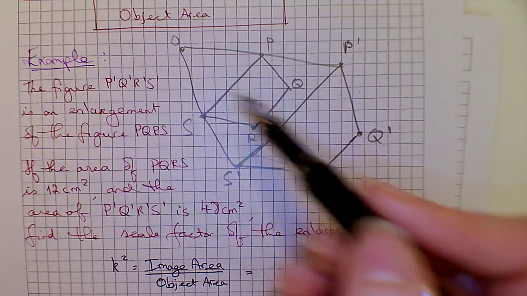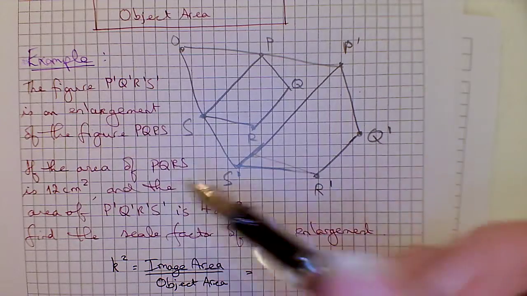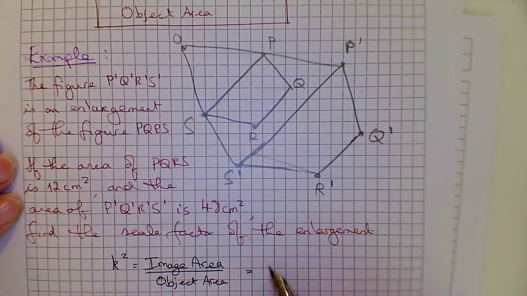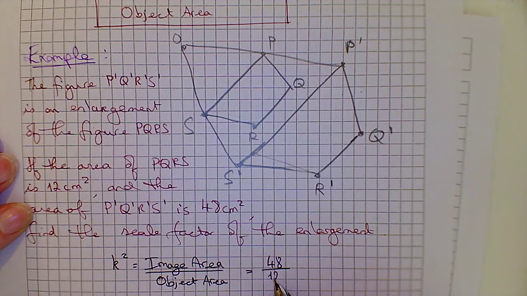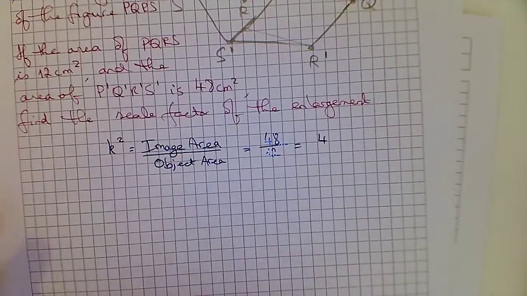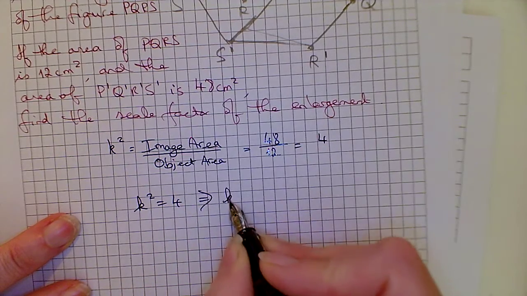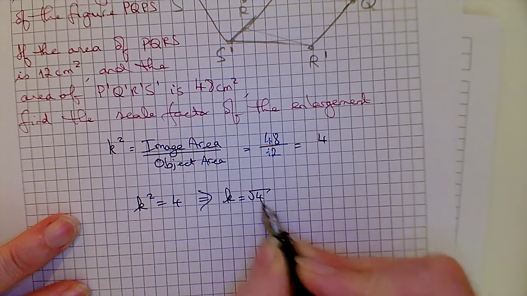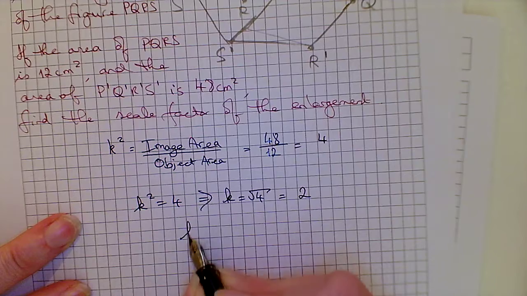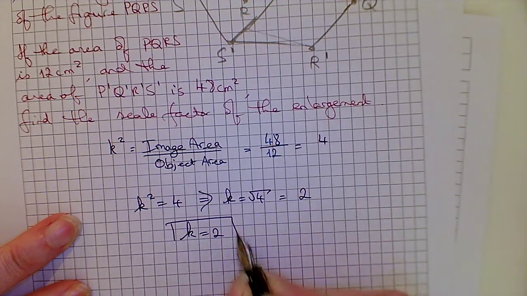So they might actually just give you enough information and make you calculate those areas, but once you have them, you divide the object into the image and we get 4. So if k squared is 4, that means that k is the square root of 4, which is 2. My scale factor is 2.